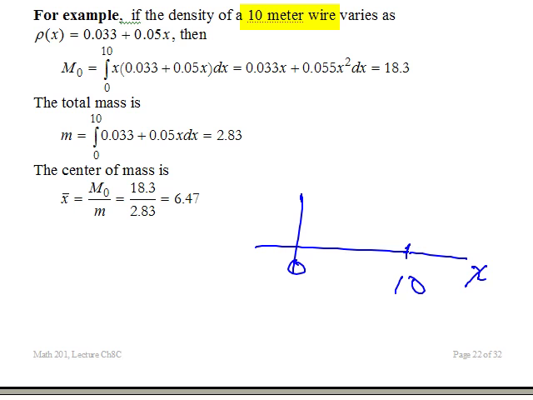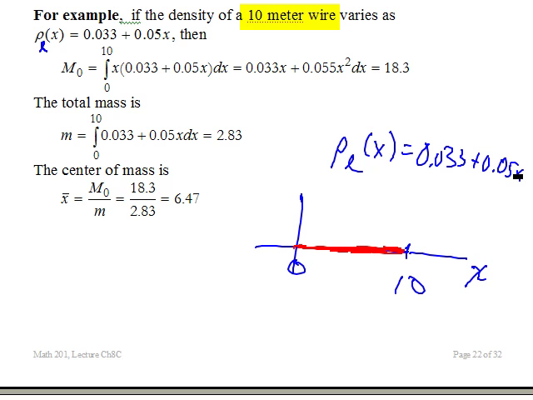I have a linear density for this wire specified as 0.033 plus 0.05x. In other words, the density increases, either because the wire gets wider or because the composition of the materials in the wire changes. So it gets more dense as I move from 0 to 10.